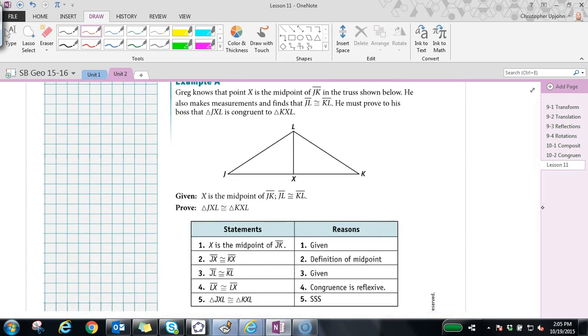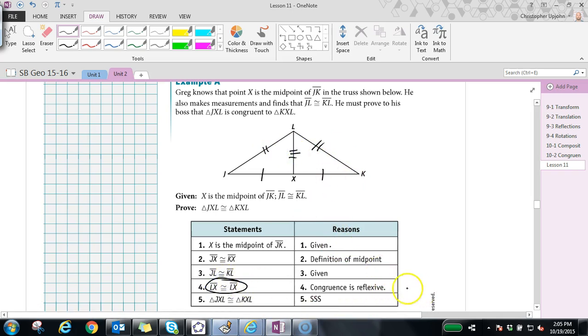Looking through proof here, we have our 4 ways to prove triangles congruent. Well, we have to look at what's given. X is a midpoint. That's our first given. So by the definition of midpoint, JX is congruent to KX. JL is congruent to KL. That's another given. And then we know that LX is congruent to itself because it's the same segment.